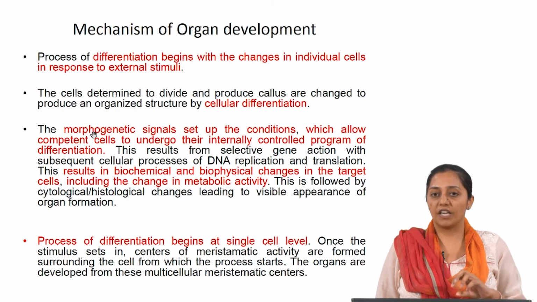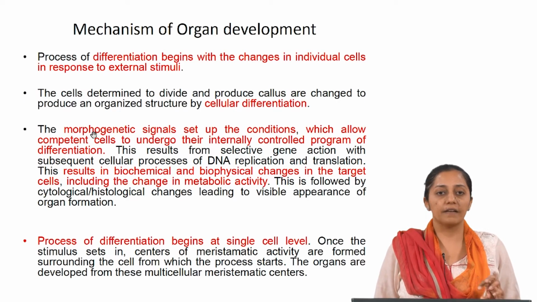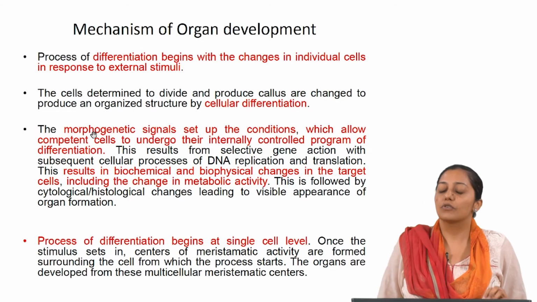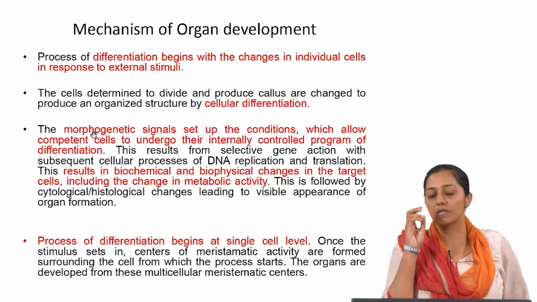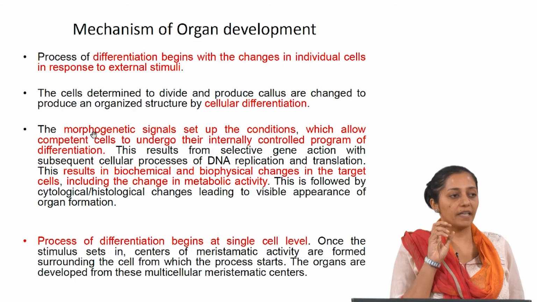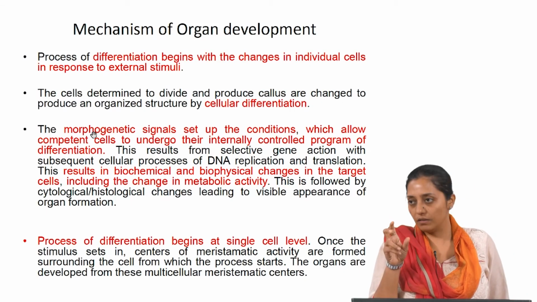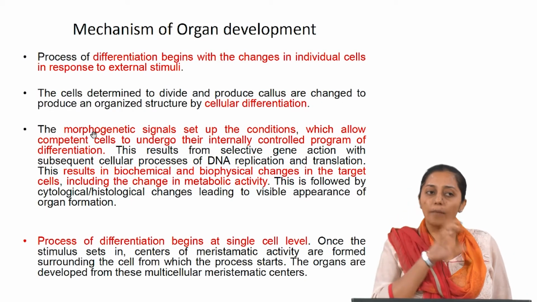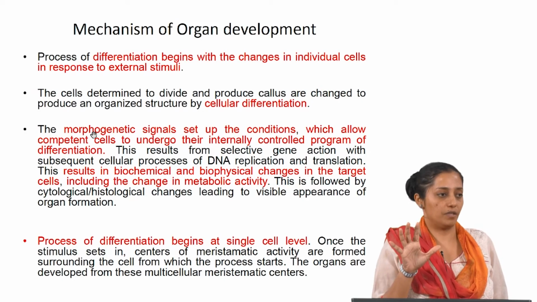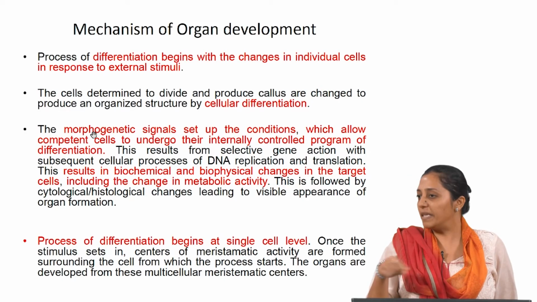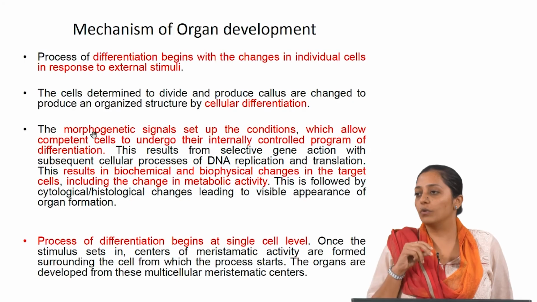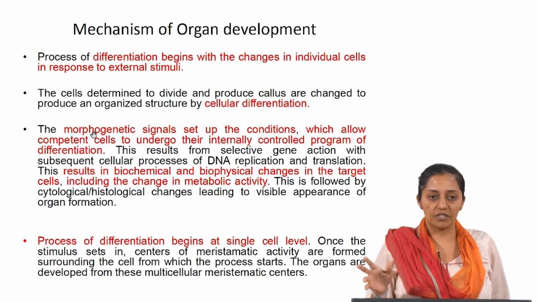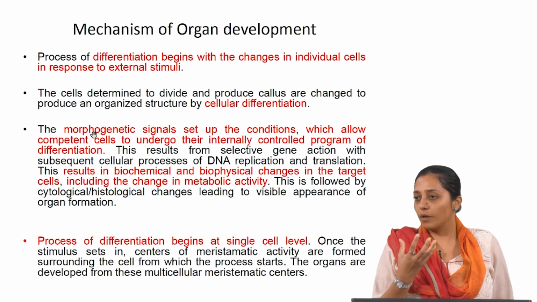So how does organ development begin? Differentiation begins with changes in the individual cells in response to external stimuli. Generally, suppose there is a cell which is competent enough for de-differentiation to happen. There are competent cells which are ready for de-differentiation, which means meristematic, which have the ability to quickly go through a meristematic state. So it begins from there.